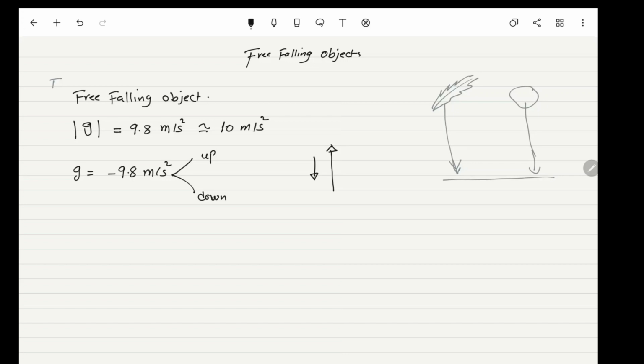For example, if we throw an object up, it has an acceleration downward. If we throw an object downward, again it has an acceleration downward. So in either case, the acceleration is directed downward, and it's equal to minus 10 meters per second square.